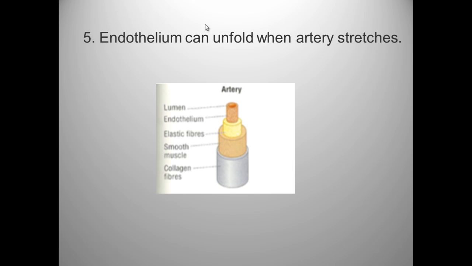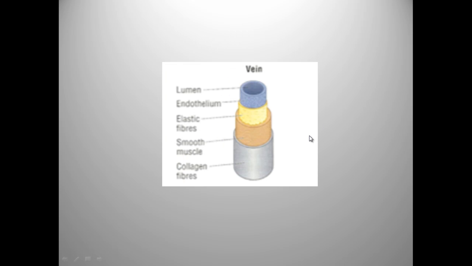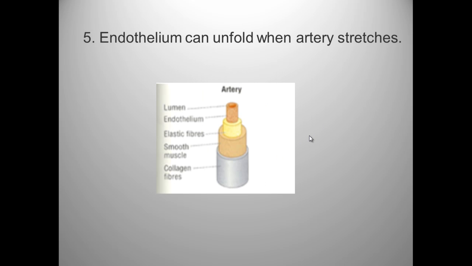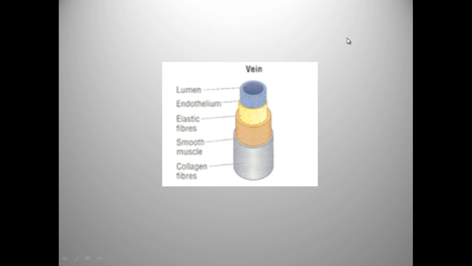If we compare this to veins, you can see the major difference. If I flick back and forth, you can see that the vein has a much bigger lumen, and the reason for that is it carries the blood at a much lower pressure, so having a bigger lumen reduces the amount of friction, and therefore the blood can more easily flow back to the heart. Because it carries blood at lower pressure, this is why the lumen needs to be much bigger.